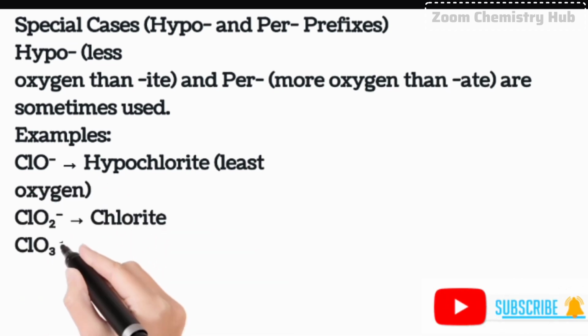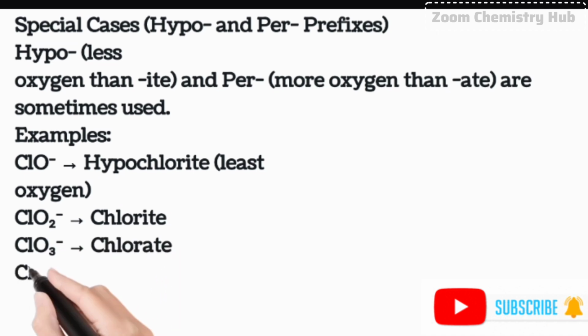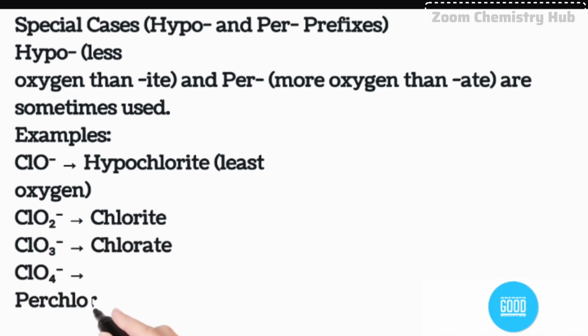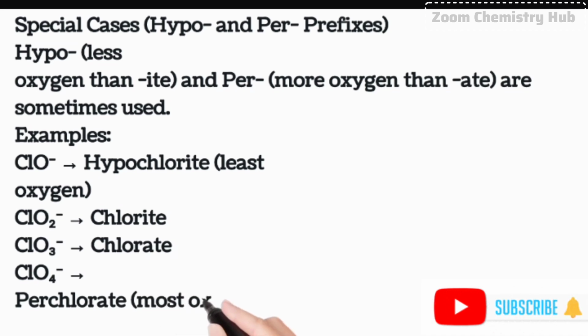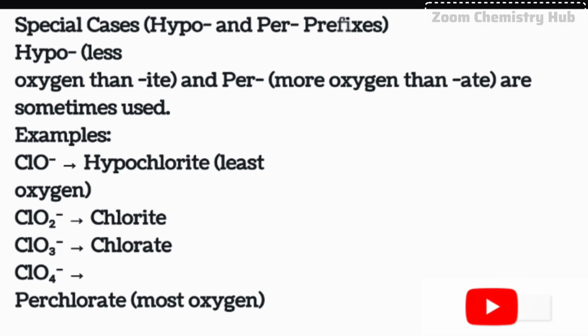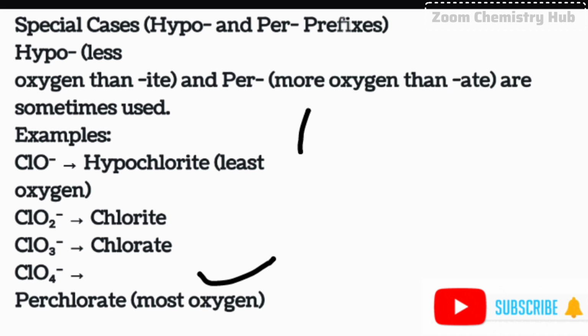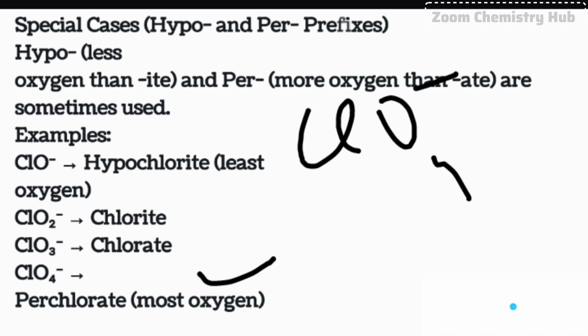We take the example of hypochlorite, chlorite, chlorate, and perchlorate. First we take perchlorate, whose formula is ClO4 minus.